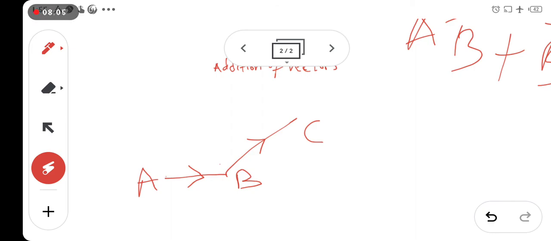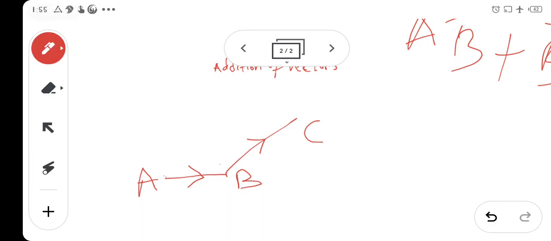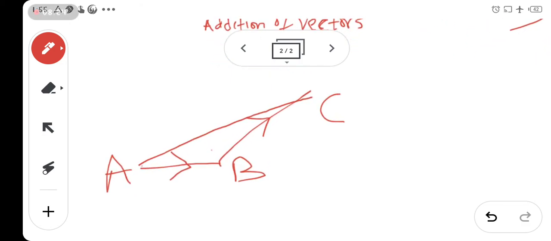According to the triangular law of vectors, the resultant of these two vectors AB and BC will be the third side of this triangle. So the direction and the magnitude of this vector will be given as this. Sorry, this is a bit rough. So this line here represents the sum of these two vectors.